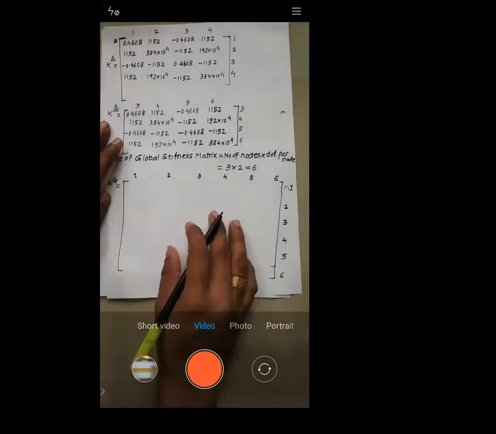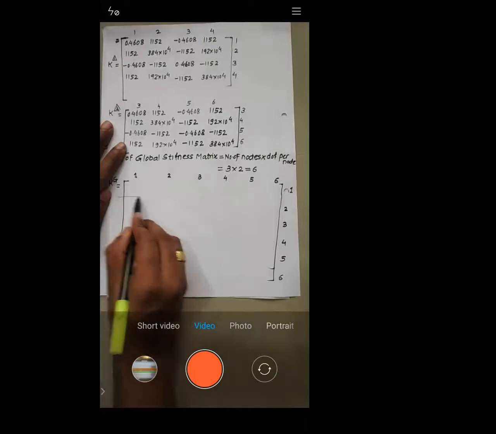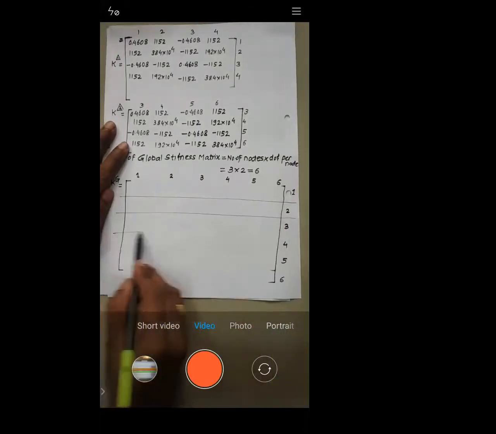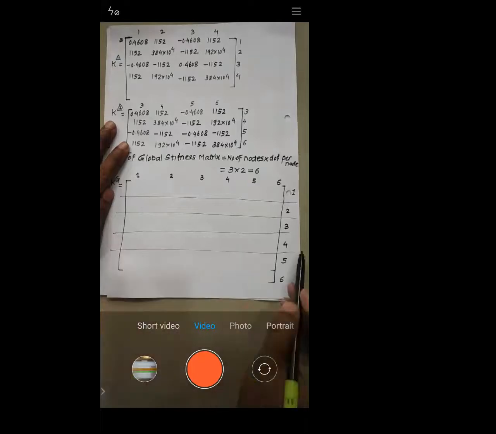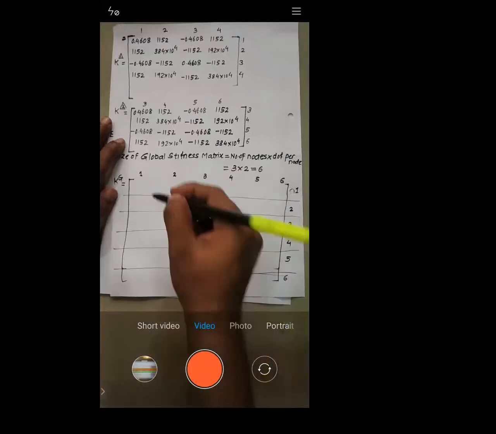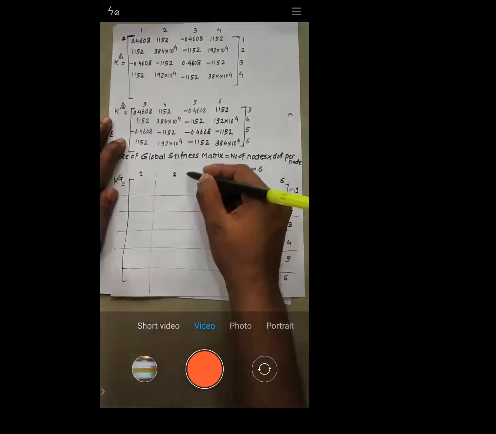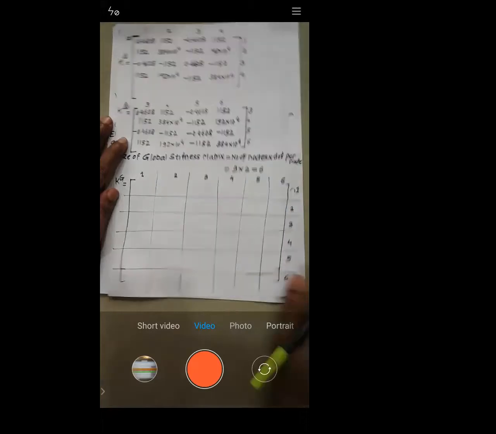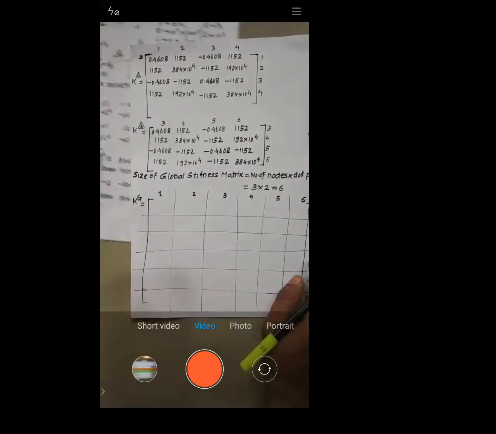Right. So we need to just pick the element stiffness matrices, and we are supposed to place them within the global stiffness matrix, right? So let's do that. Let's pick and first place. Can you tell me how to do that?